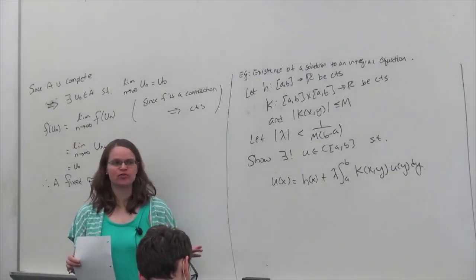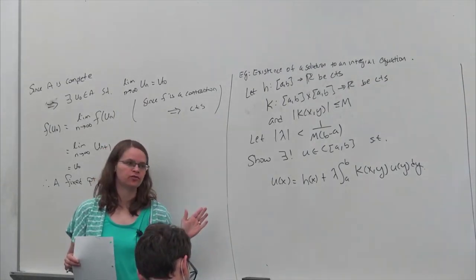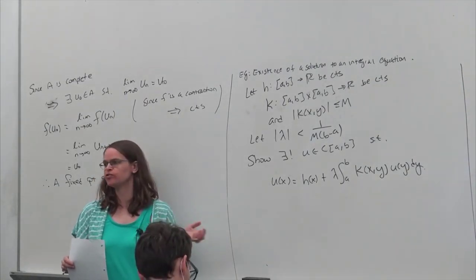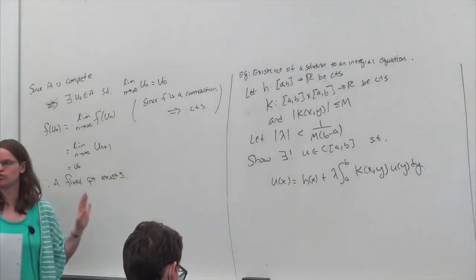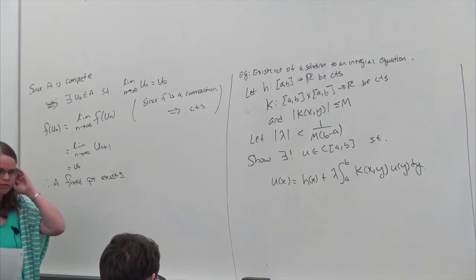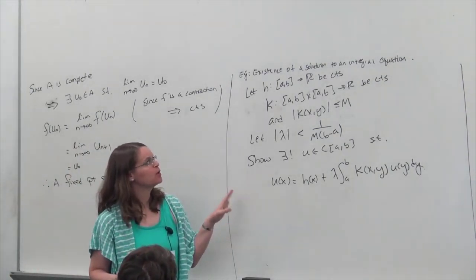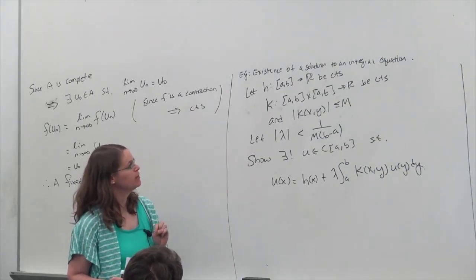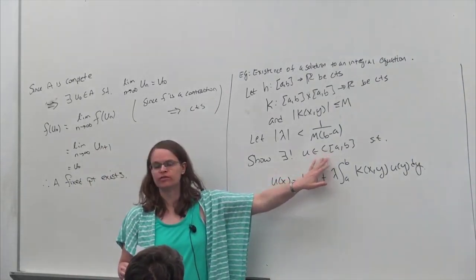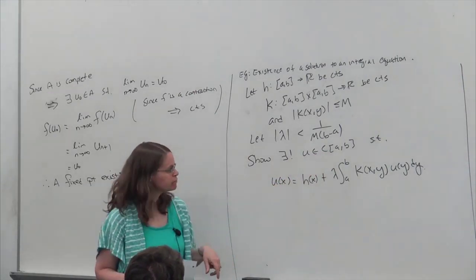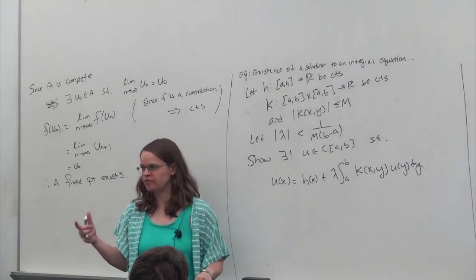Let's think about the tools we have here. One of the tools we have, which is very popular for existence of solutions, is fixed points. There's a lot of different fixed point theorems. This is one of the simpler ones to write down and work with. So we want to write this as a fixed point problem. We've got an obvious metric space to work with. We're looking for solutions that are continuous on this domain. So I'm going to start by defining a function that I want to find a fixed point of.